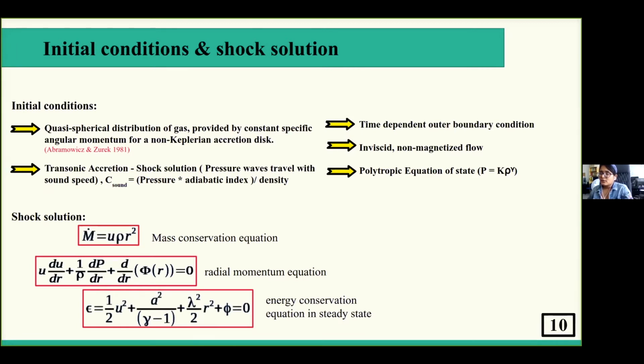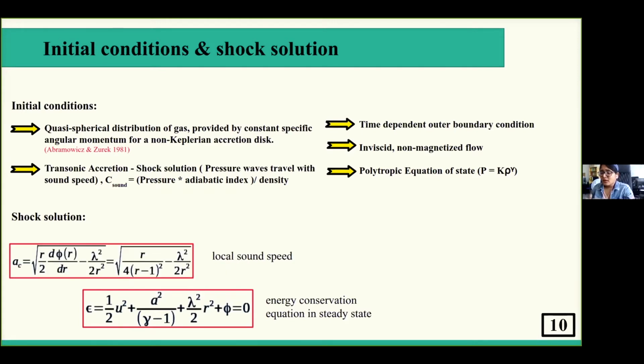So now to explain what I mean by shock solution: a shock develops in the flow when supersonic flow is obstructed. The location of the shock can be derived using the basic hydrodynamical flow equations: the mass conservation equation, integrated from the continuity equation, and the energy conservation equation, integrated from the radial momentum equation.